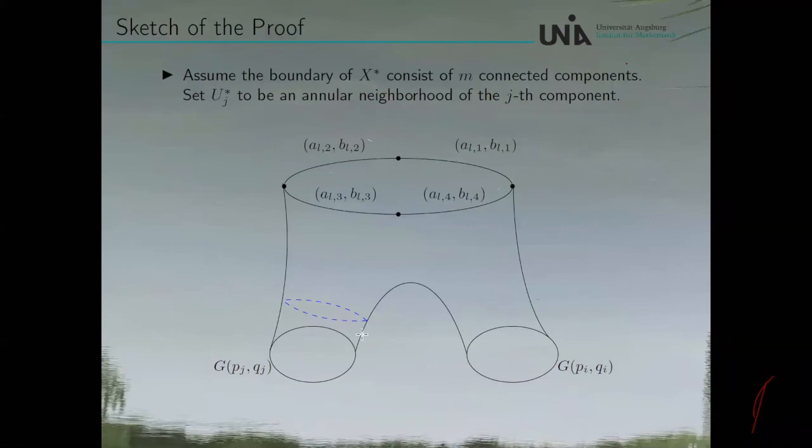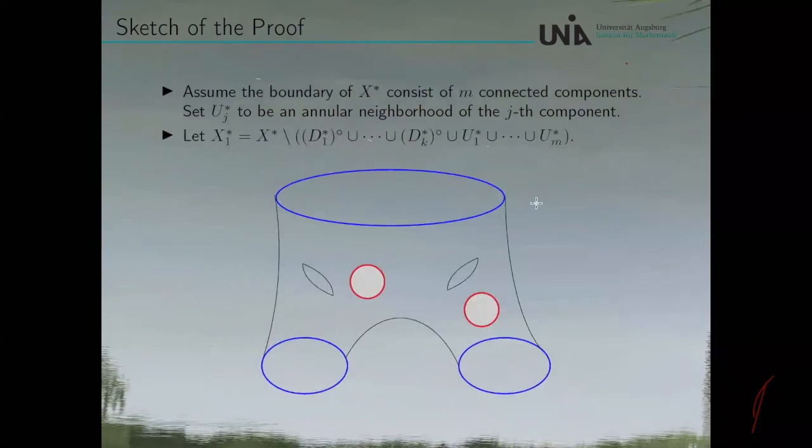To do that, the first thing I do is remove the annular neighborhood around the boundary components. And I'm left with such a space X1 star. I took out the disks around exceptional orbits. I took out the annular neighborhoods around boundary components. And I'm left with this one.